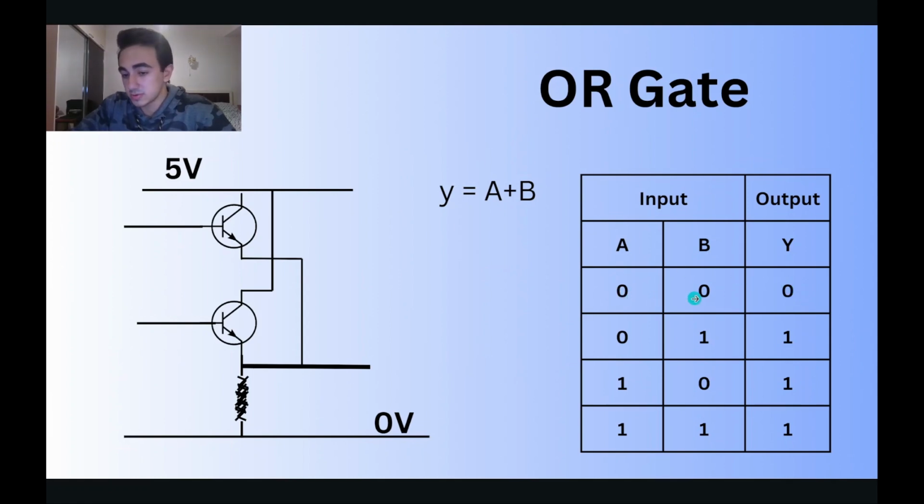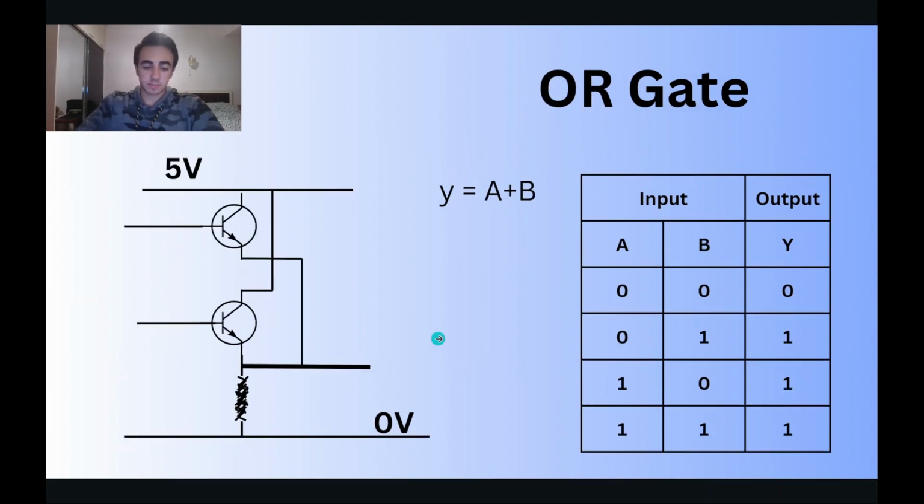So when the two inputs are 0, the NOR gate would output 1. When inputs are 0, 1, the NOR gate would output 0. When inputs are 1, 0, the output is 0. When both of the inputs are 1, the output is 0 for the NOR gate.